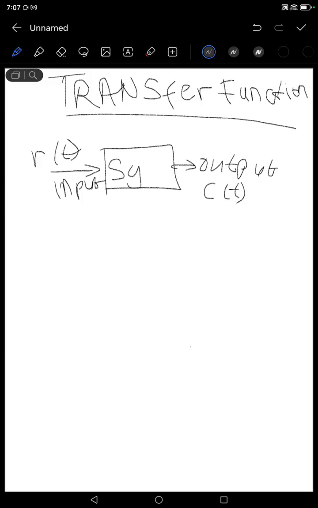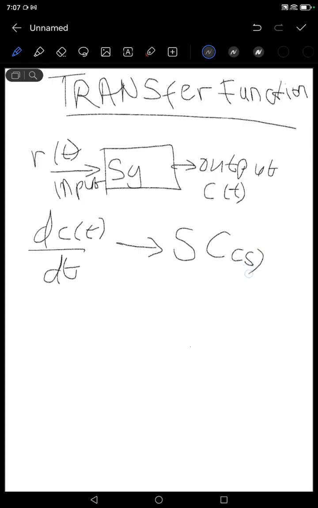Laplace. So let's say we are given the linear differential equation as dc(t)/dt. When we introduce Laplace, we're gonna have s C(s). So this is Laplace.